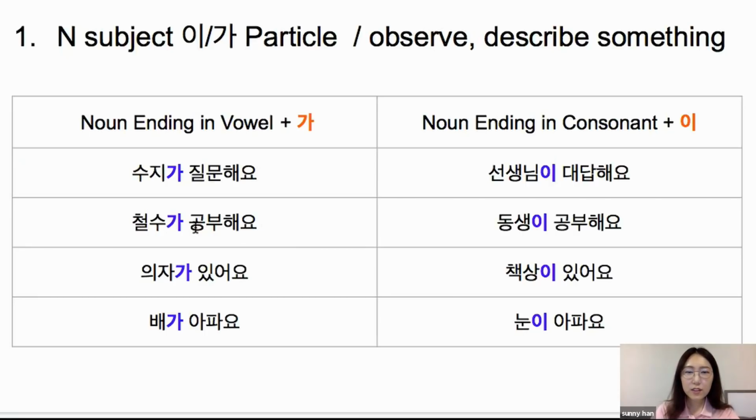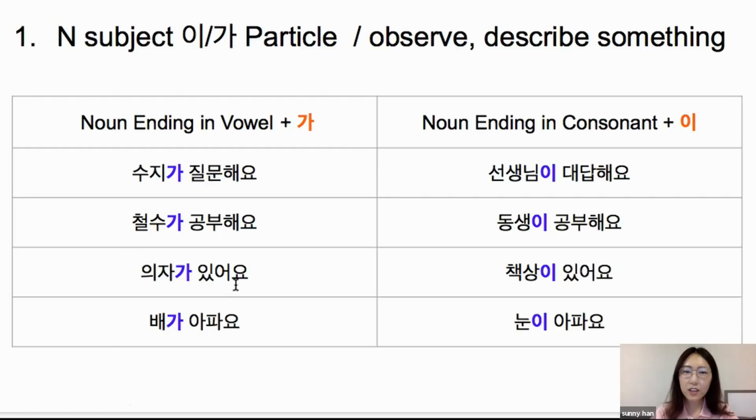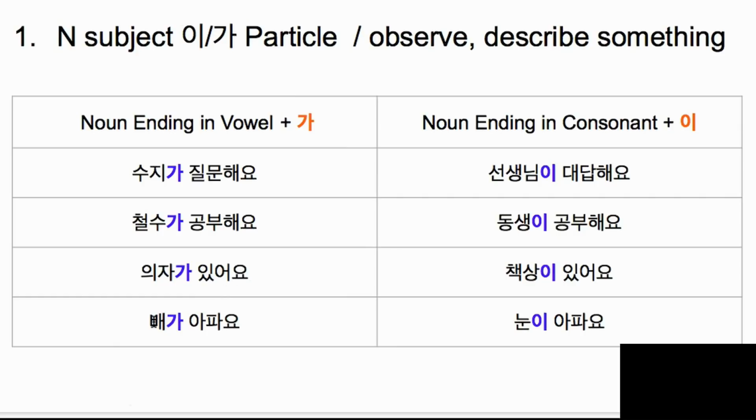So 철수 is studying. 철수가 공부해요. 의자, chair, there is, 의자가 있어요.